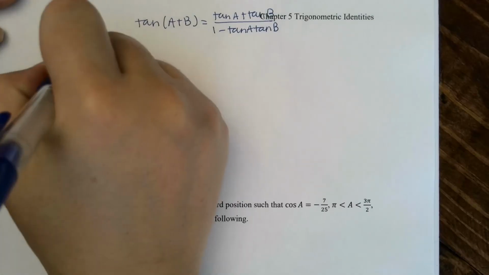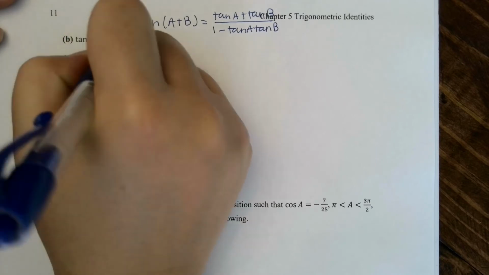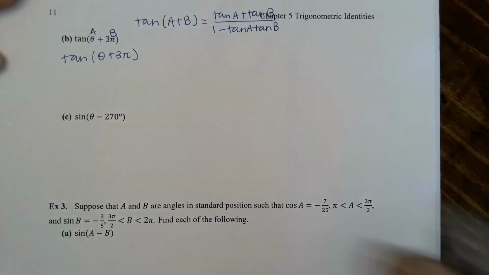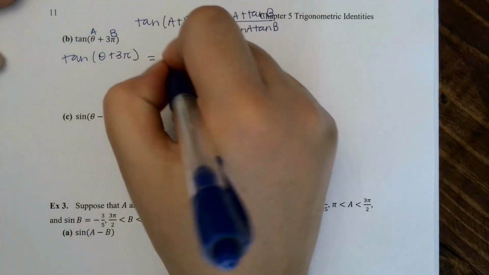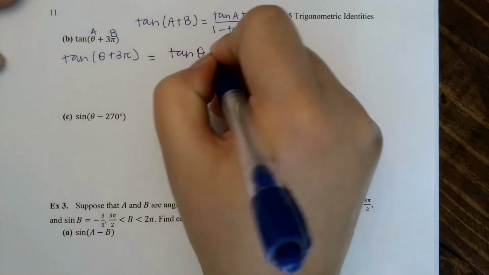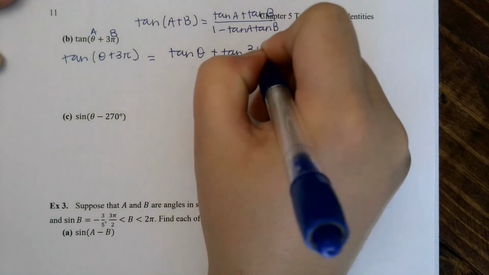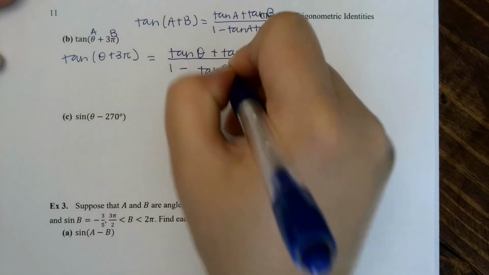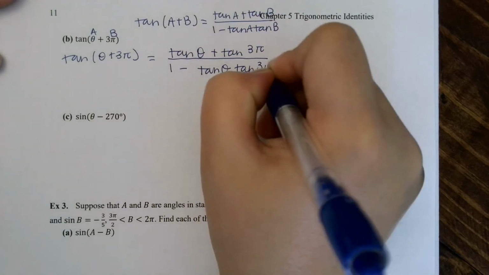So we have tangent of theta plus 3 pi. So theta is A, 3 pi is B. So we have tangent theta plus tangent of 3 pi over 1 minus tan theta times tangent of 3 pi.